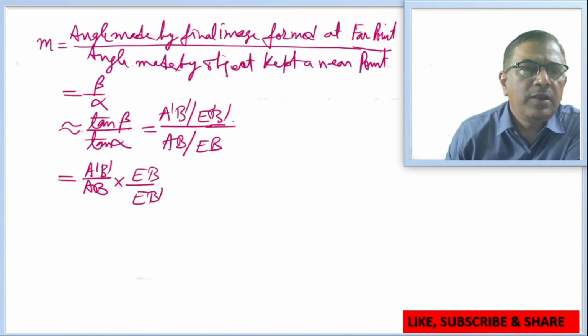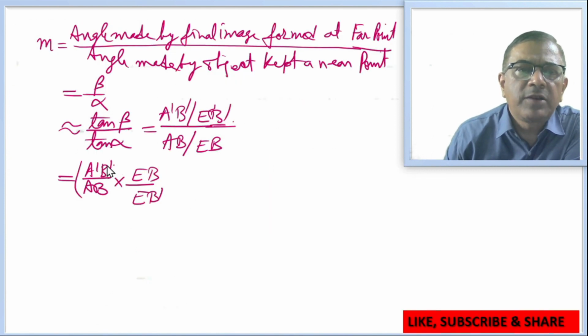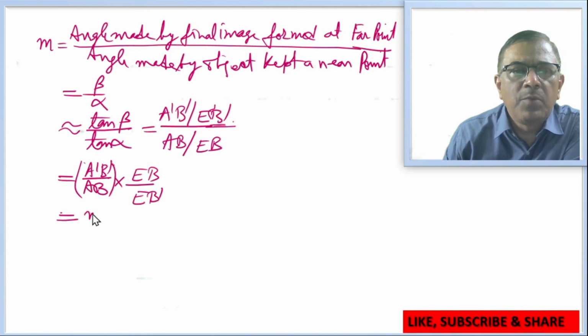Now let's try to see their respective values. A dash B dash upon AB has got to be the magnification produced by the objective lens, and this is equal to MO.